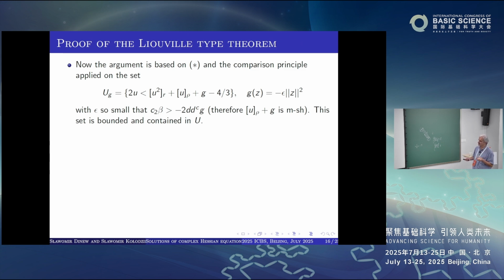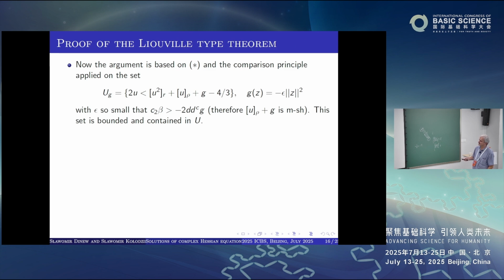A priori, it is not bounded. So we twist it by this function for a very small epsilon, so that it is a negative function. We lose some positivity in the forms. But if we take epsilon small enough, then this function is M-subharmonic, which is the same as this inequality.